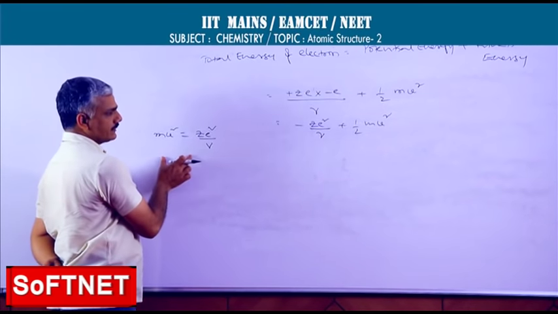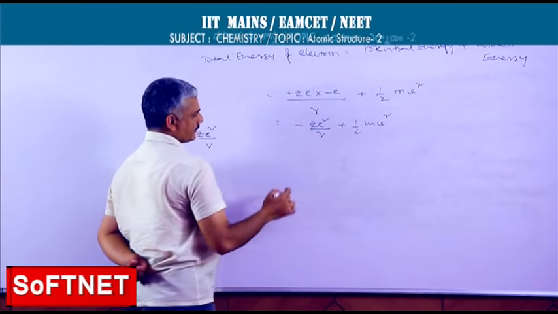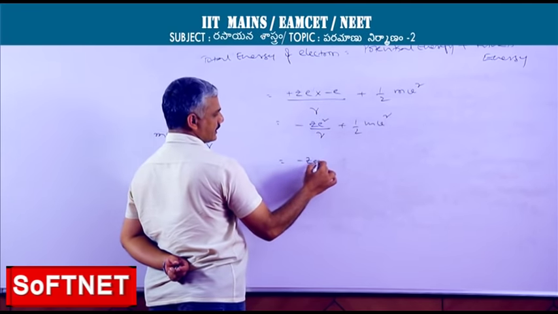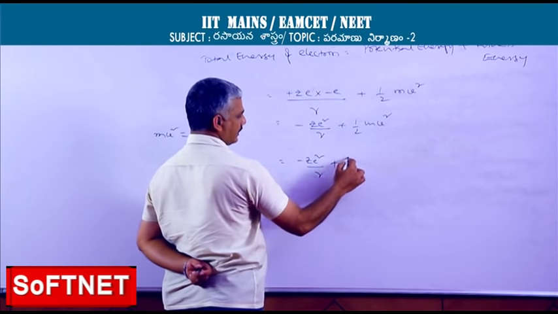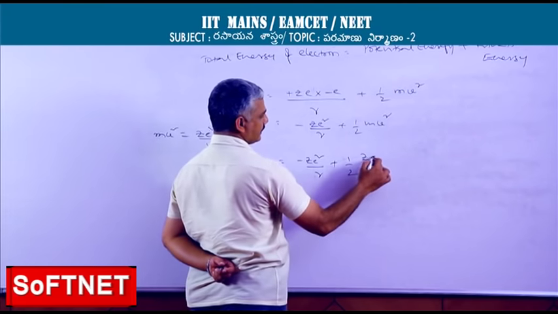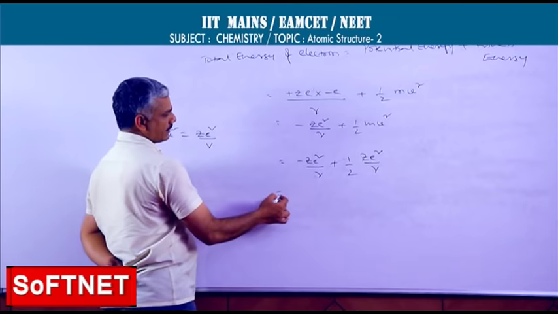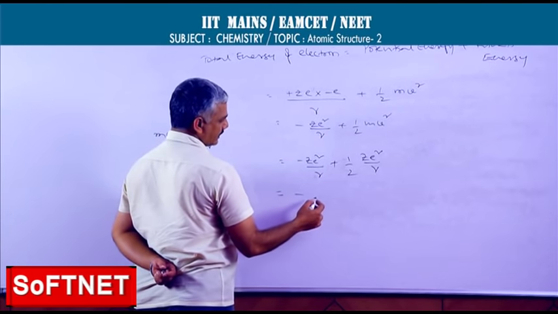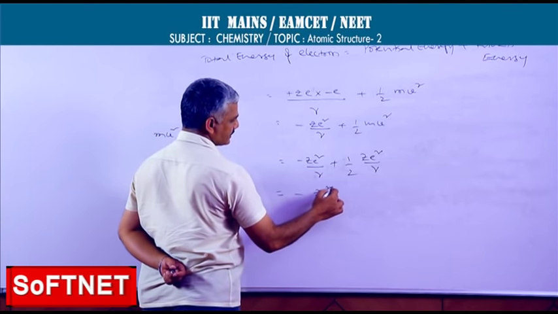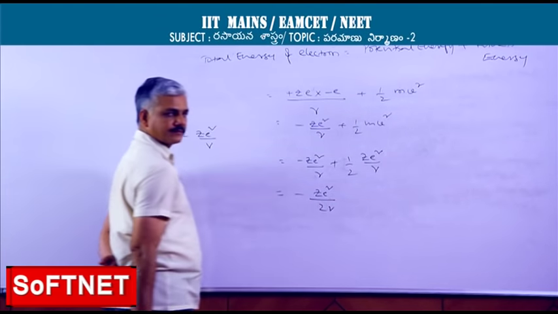Now make use of that relation here. So this can be condensed as minus ze square by r plus half into ze square by r. This can be further compressed as minus ze square by 2r.